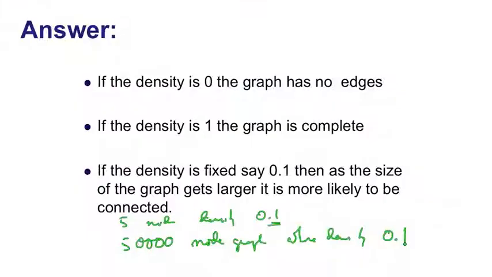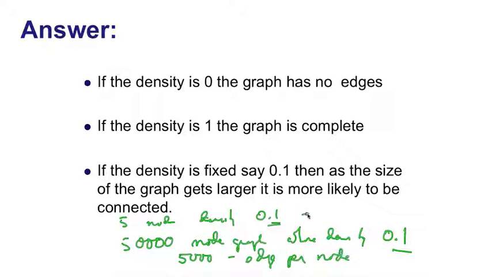This would mean 0.1 would mean that on average, we're going to get 5,000 edges per node.